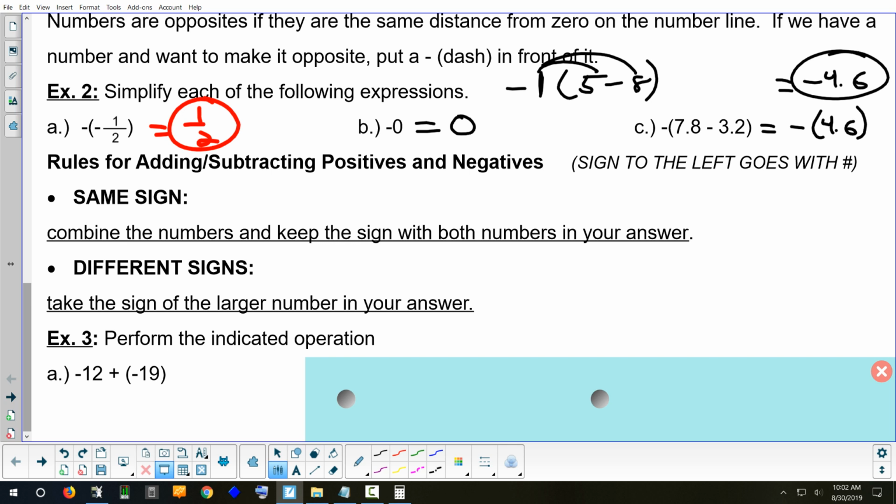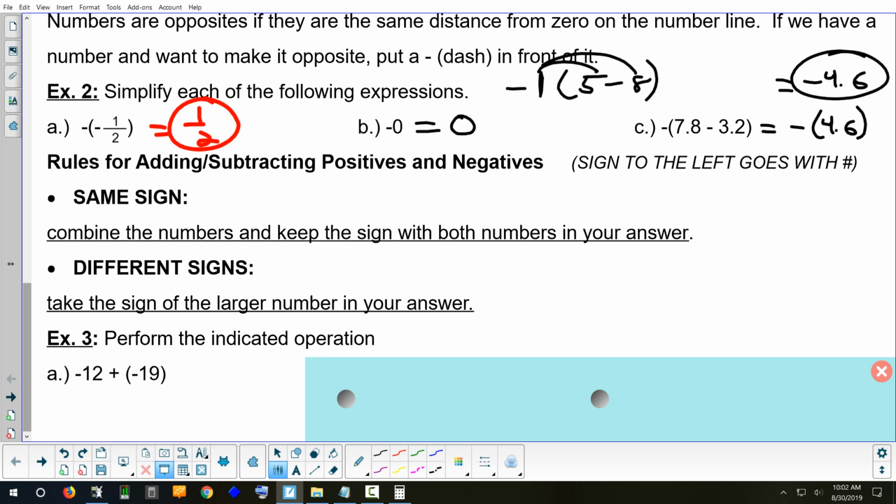Okay, so let's look at example 3A. You've got a spot to write down, and you already have the directions written. You just have to copy down the problem. So 3A says perform the indicated operation. What operation are we doing there? Addition. The question is, are we adding things with the same sign or opposite signs? Same sign, negative, negative.